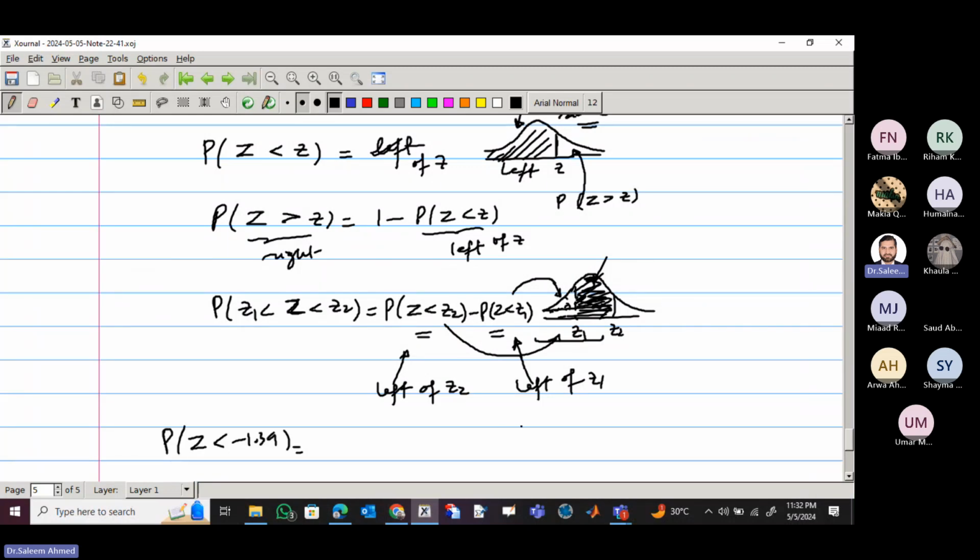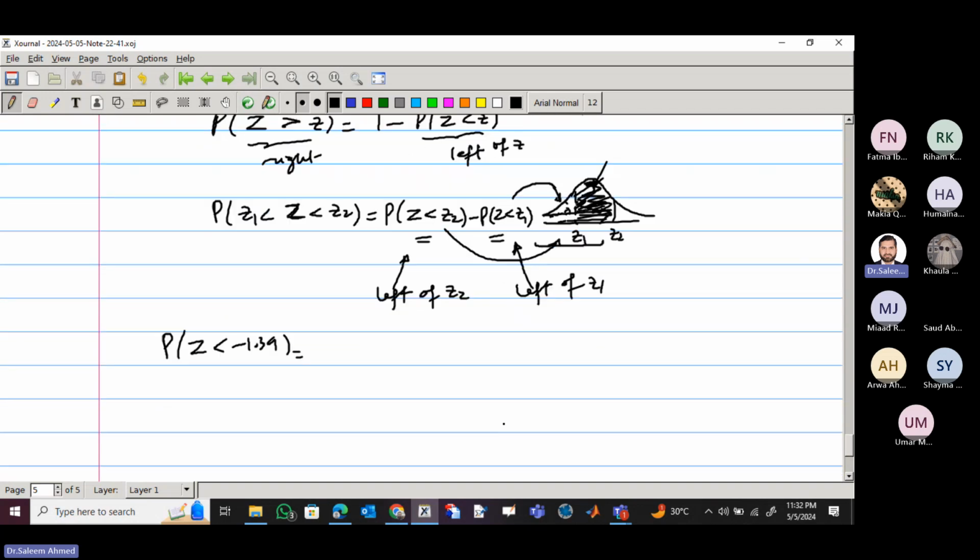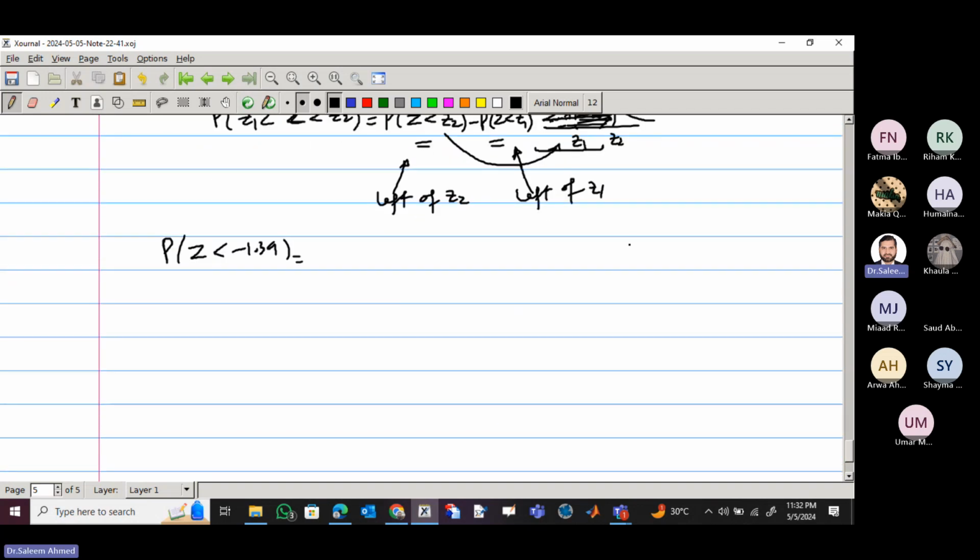So what you do is look in the table at minus 1.3 on the left, up to the first decimal, and 0.09 on the top. This is the second decimal. So minus 1.3 and 0.09, if you add them, give you minus 1.39. So this is on the left and this is on the top of the table.